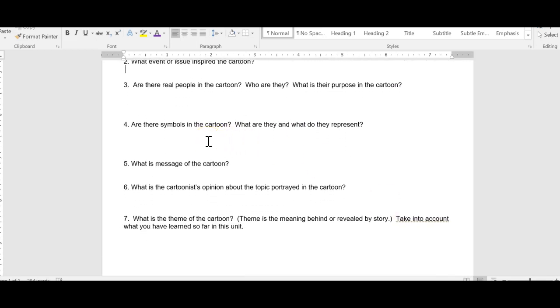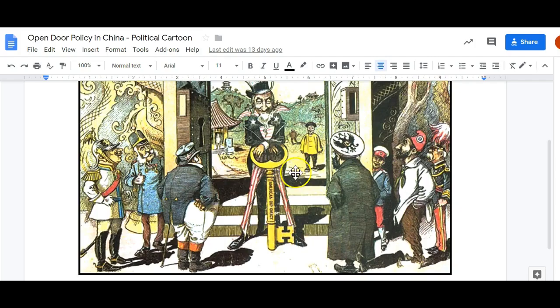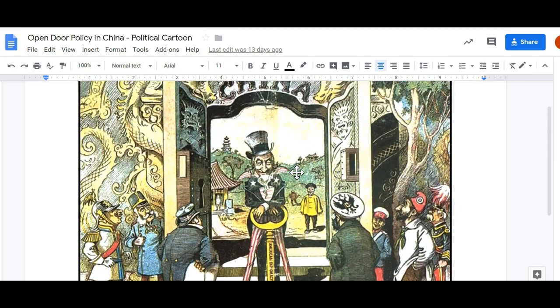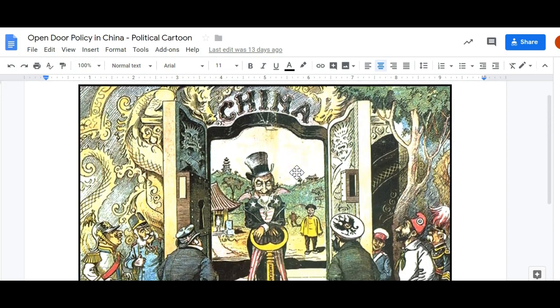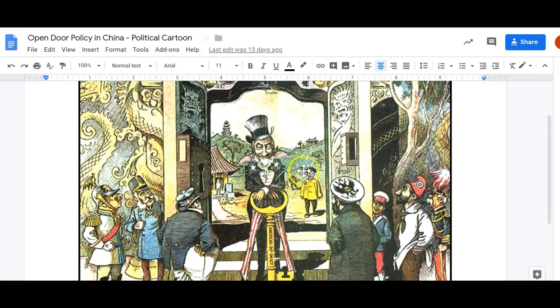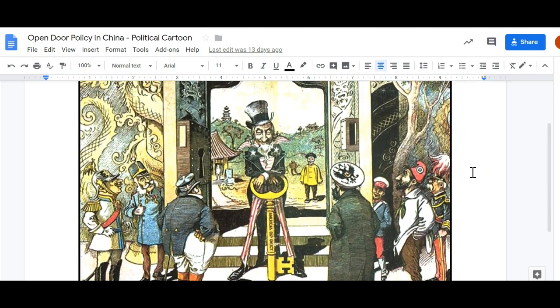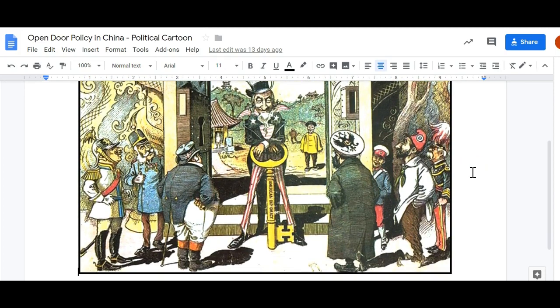Are there symbols in the cartoon? So, once again, are there symbols? Are there objects in here that perhaps represent something else? So, easy ones that you might be able to pick out might be, say, the flag on his hat, the insignia or the symbol on this hat.